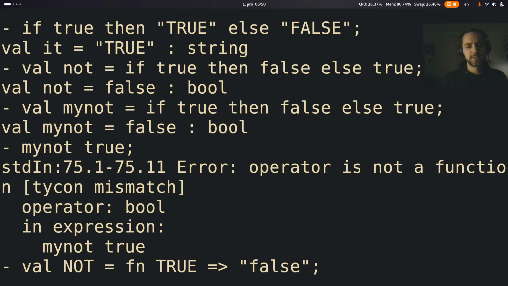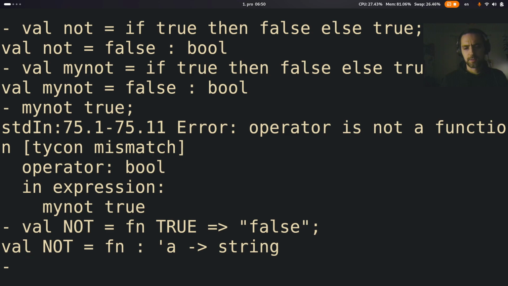Could I do this? Fn true equals false. I'm not sure, and val not. Val Fn true equals false. And Fn false equals what? True.